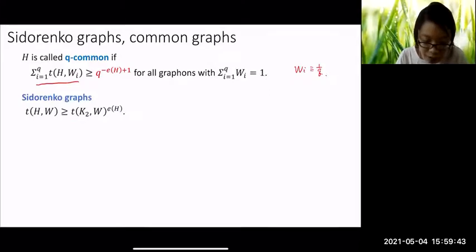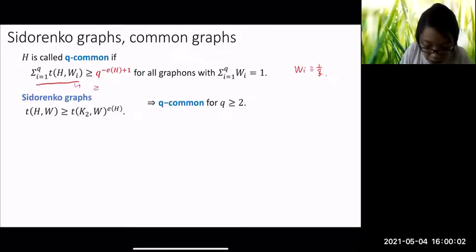And here's the definition of the Sidorenko graph again, which says t(H,W) is minimized by the constant graphon with the certain edge density. It's easy to see that if a graph is Sidorenko, then it is q-common for any q. This is because when we are doing the summation, each term is at least p_i to the e(H), where p_i is the edge density of W_i.